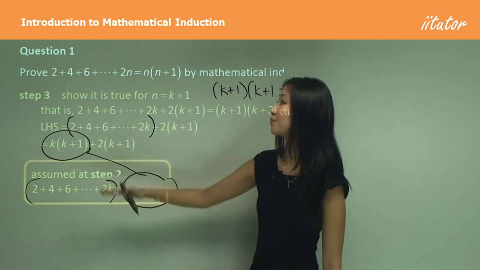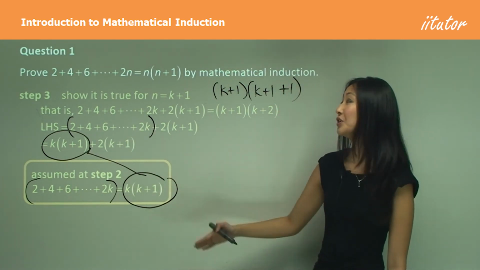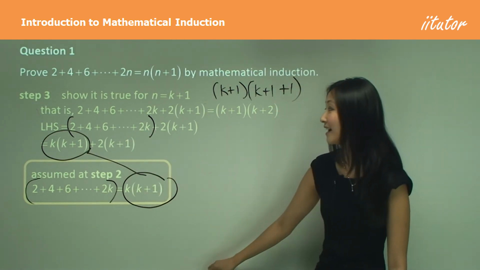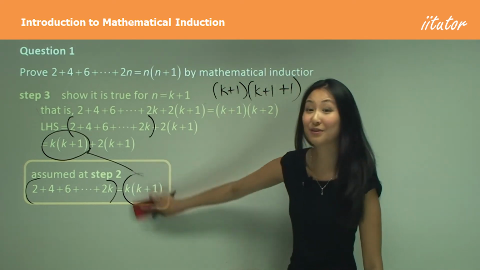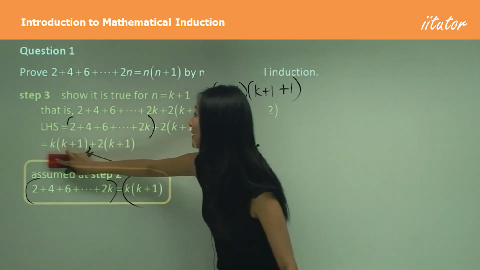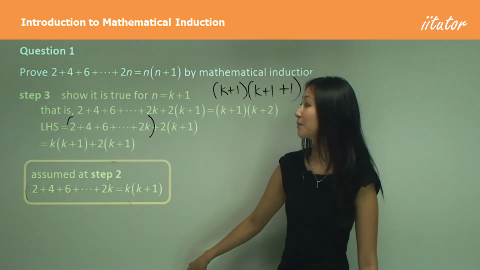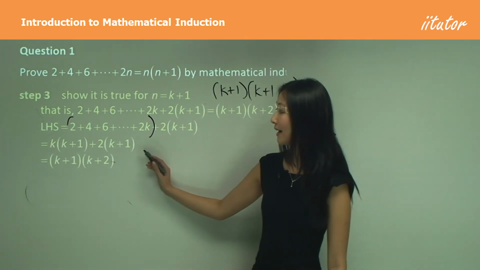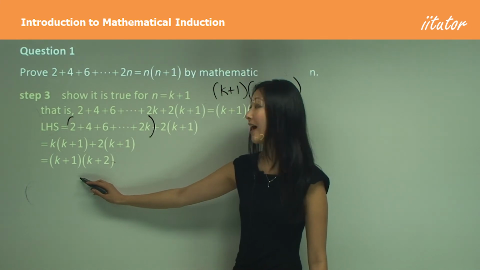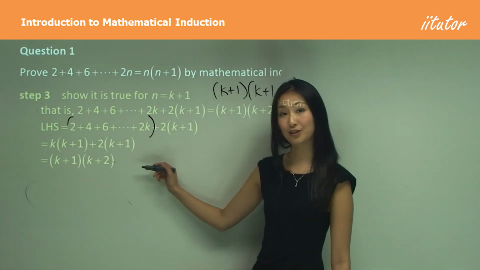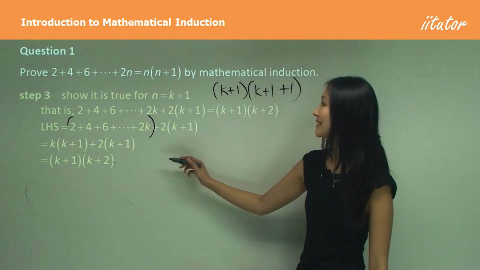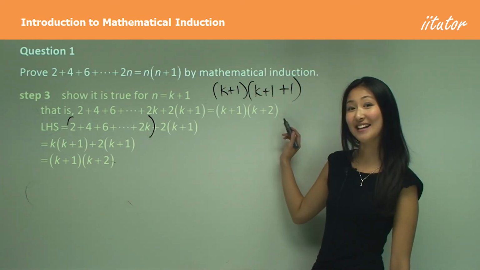So now I'm just rewriting the left-hand side to prove it equals the right-hand side. And you can see that once we've used the assumption, we now have that k plus 1 is a common factor. So I can factorize that out the front, and that leaves me with k plus 2. And that looks exactly the same as the right-hand side.